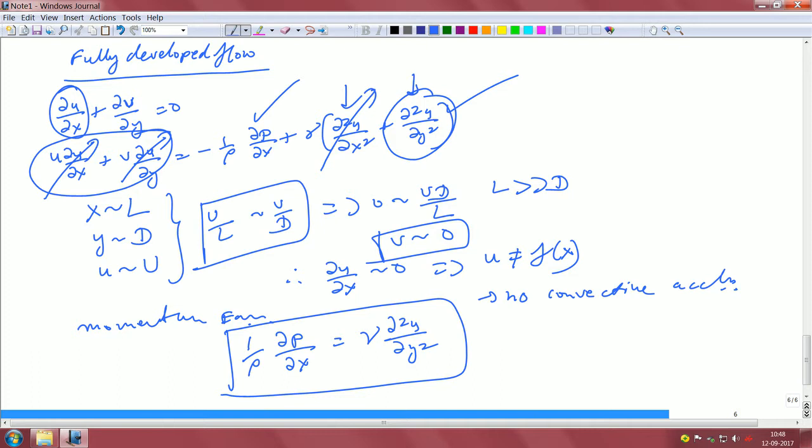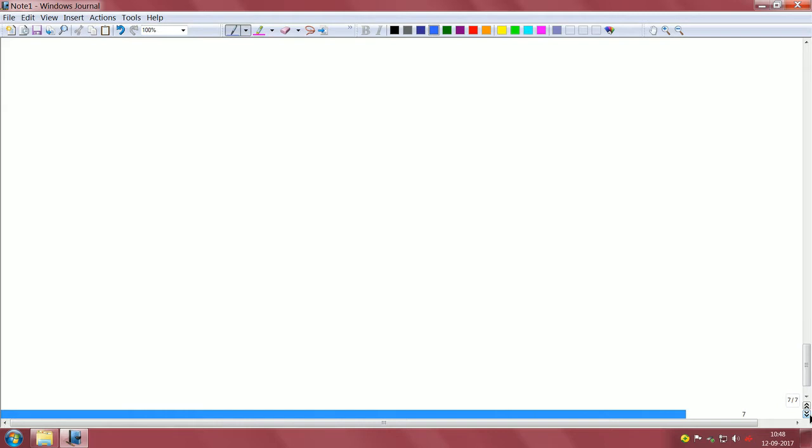So, the flow is basically happening due to a balance of pressure and viscosity. So, shear is balanced by the pressure, that is what you have, correct, and it is a non-accelerating flow. This part should be very clear: this is only valid in the fully developed regime.